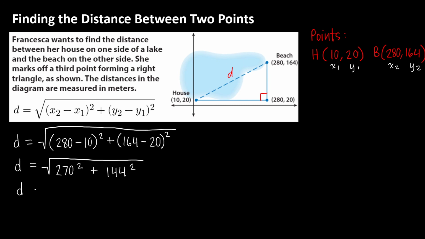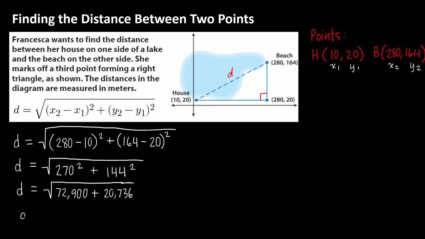From here, we are evaluating our exponents. So we're going to have some big numbers here. 270 squared is 72,900 plus 144 squared, which is 20,736. I told you we were going to be working with some big numbers today.